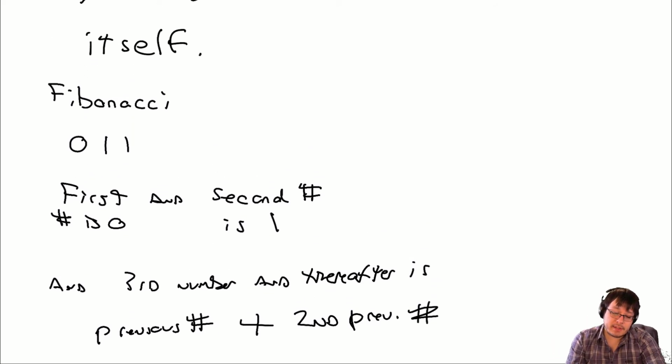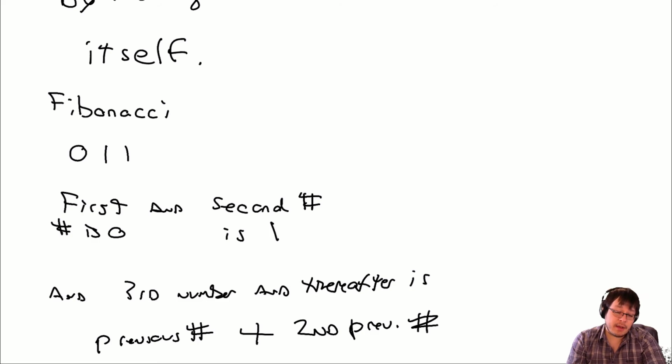What that means is that if we want to compute the next digit here, the fourth digit, we're going to take the last two digits and add them together. So we take 1 and 1, which gives us a 2. Then if we want to compute the number after that, we take these two numbers and add them together and get a 3. Now we want to get the next number, we add the last two.